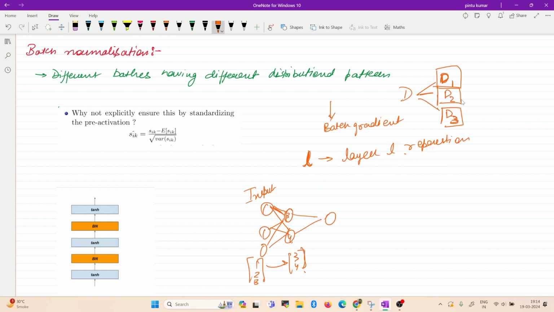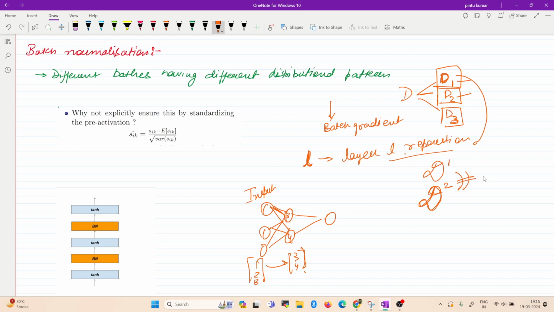So let's say the layer L representation follows some distribution, right? For D1, let's say that distribution is this curly D1, and for D2, your distribution is some curly D2. And there is a possibility, because you are randomly sampling D1 and D2, that these distributions are not the same.